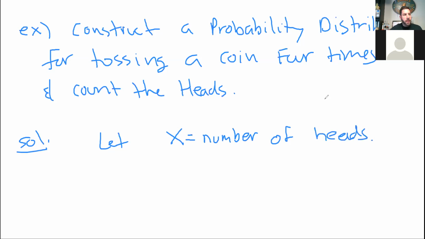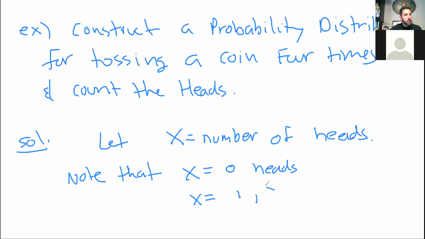How many values can X be equal to? If we're tossing a coin 4 times, then X can equal 0 heads, X could equal 1, X can equal 2, X could equal 3, and X could equal 4. That is it. Those are all the outcomes. I have 4 outcomes of this experiment. Or excuse me, I guess technically you have 5.